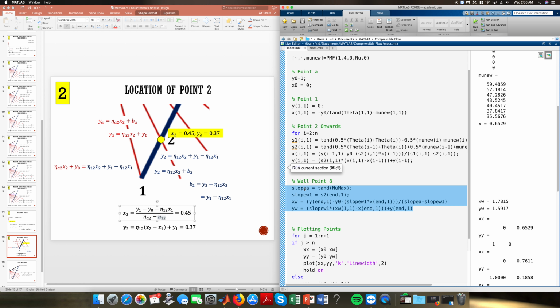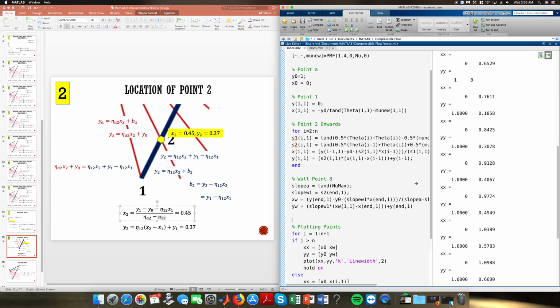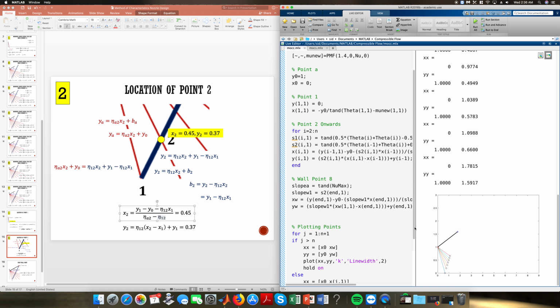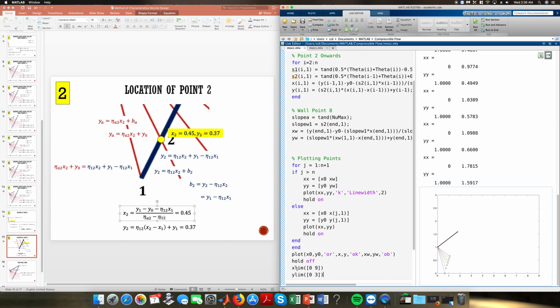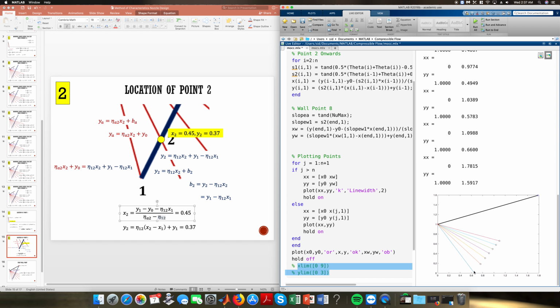All that is left is just for you to plot the points, okay? I plotted the points right here, but let me just remove this so that you can actually see. Once you find the x and y locations, you can now see that there is the wall right here.